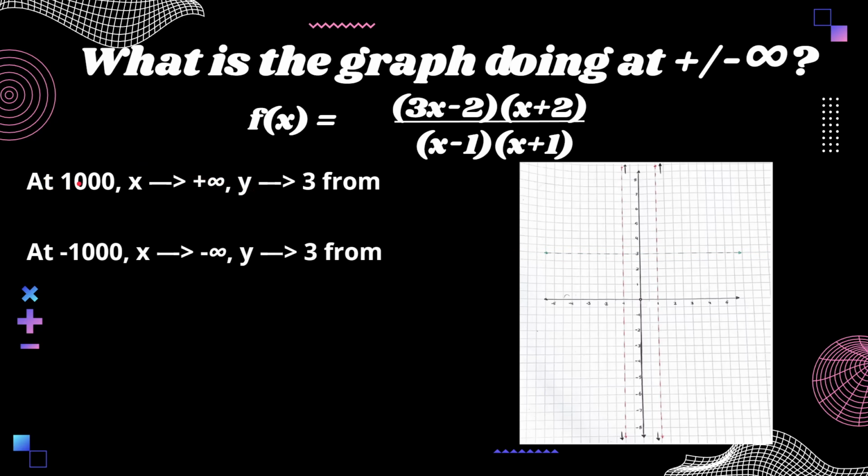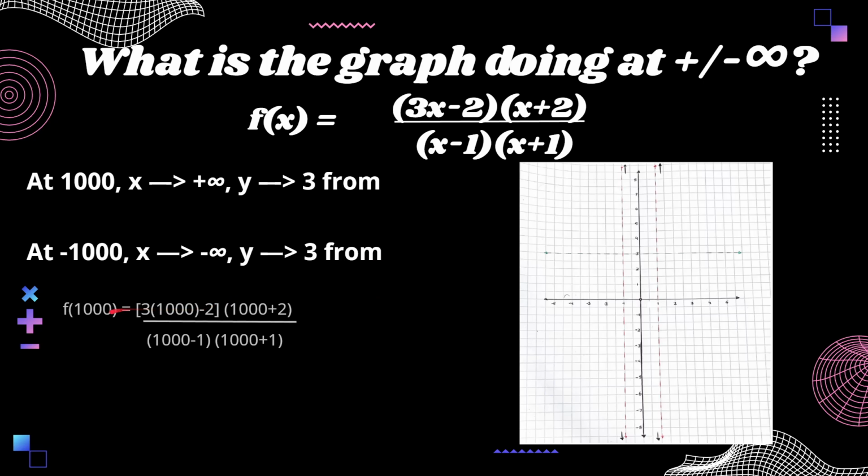At 1,000, x is approaching positive infinity and y is approaching 3 from either above or below the horizontal asymptote. And similarly, at negative 1,000, x is approaching negative infinity and y is approaching 3, which is our horizontal asymptote, from either above or below it.